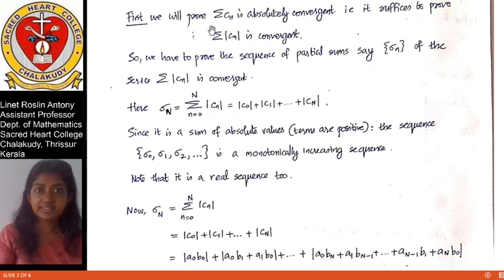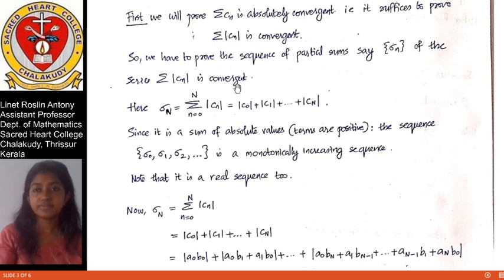To prove a series is convergent, what do we have to do? We have to prove that the corresponding sequence of partial sums of the series is convergent. Right? So we have to prove that the sequence of partial sums, say we denote it sigma n, of the series summation modulus of Cn is convergent.